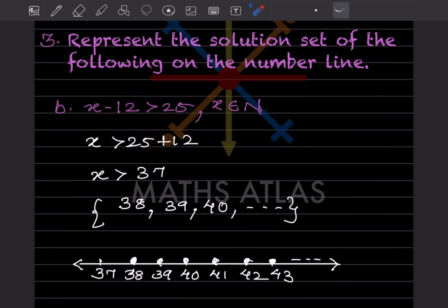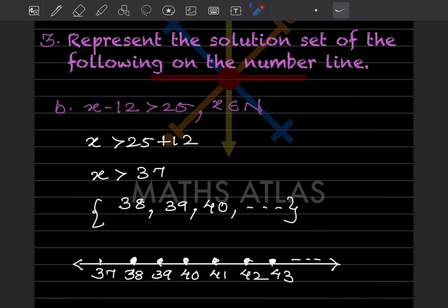So this will be 37. Now this is just greater than, so we can write 38 greater than 37. So 37 should not be included: 38, 39, 40 and so on. You can write some numbers if you wish, 41, 42 and so on, and putting the curly bracket is important.